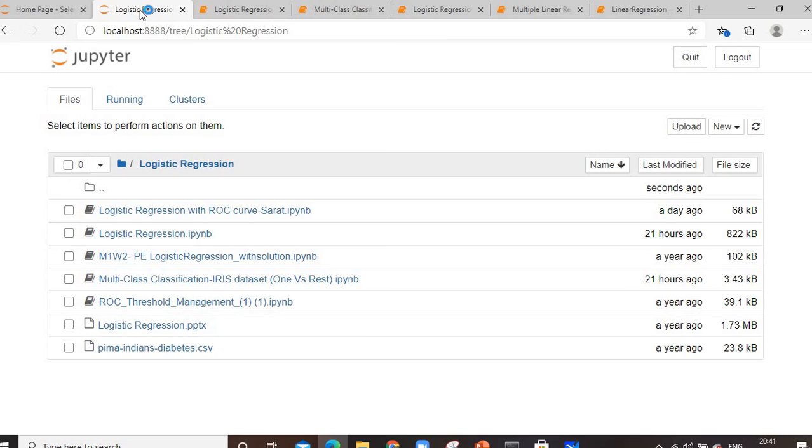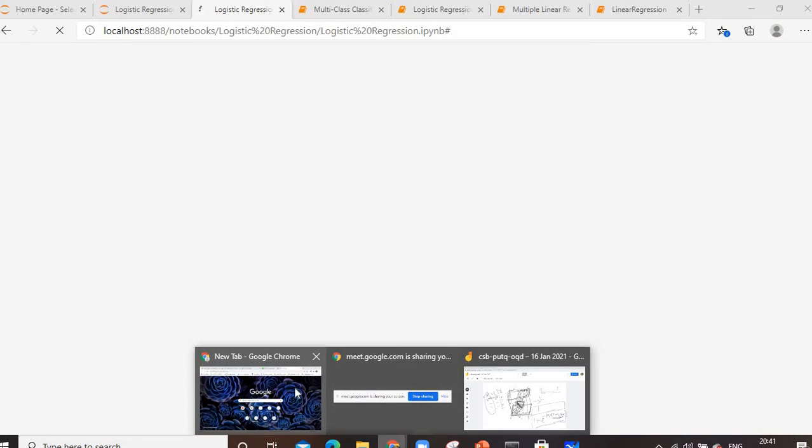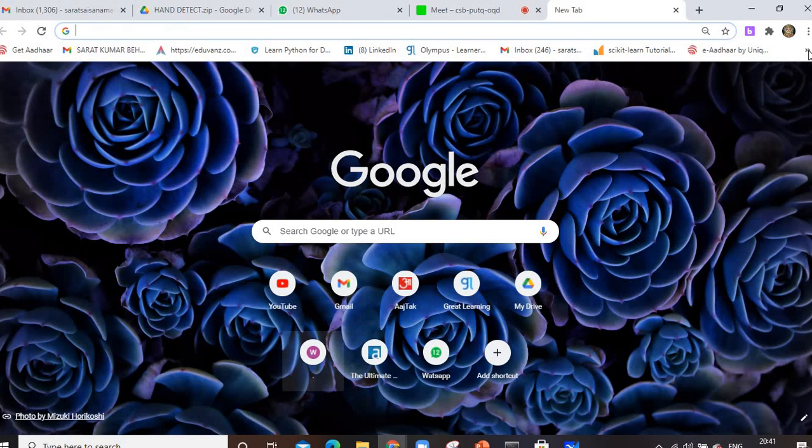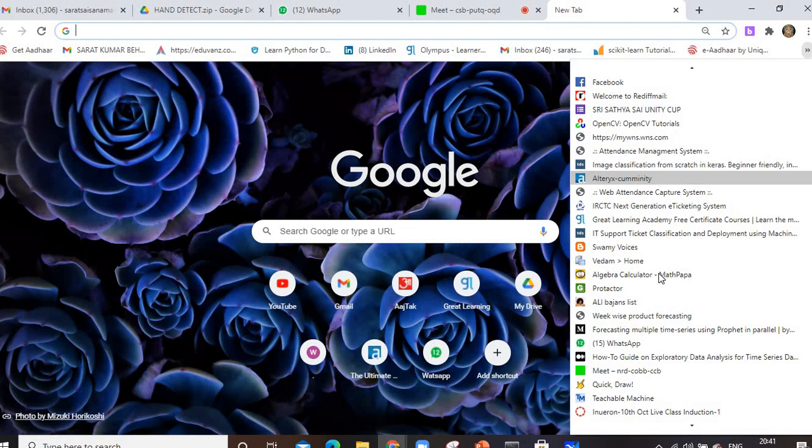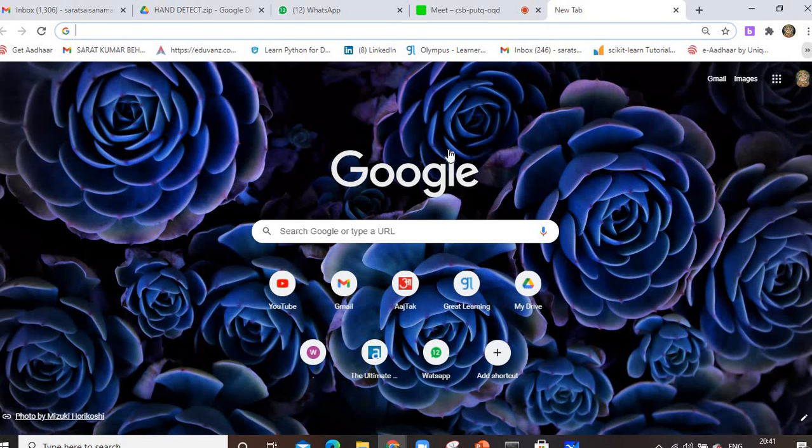So, logistic regression. Okay. Teachable Machine, this one is so interesting actually.